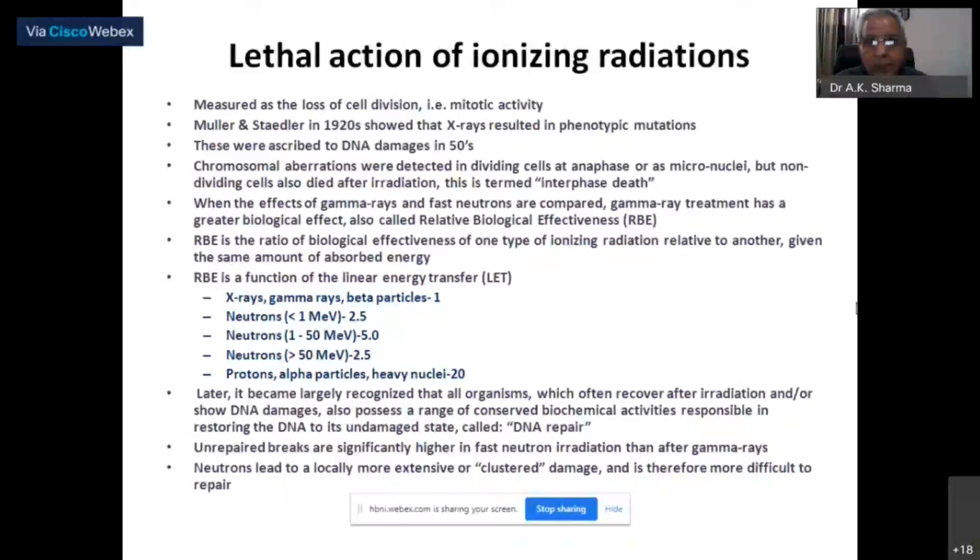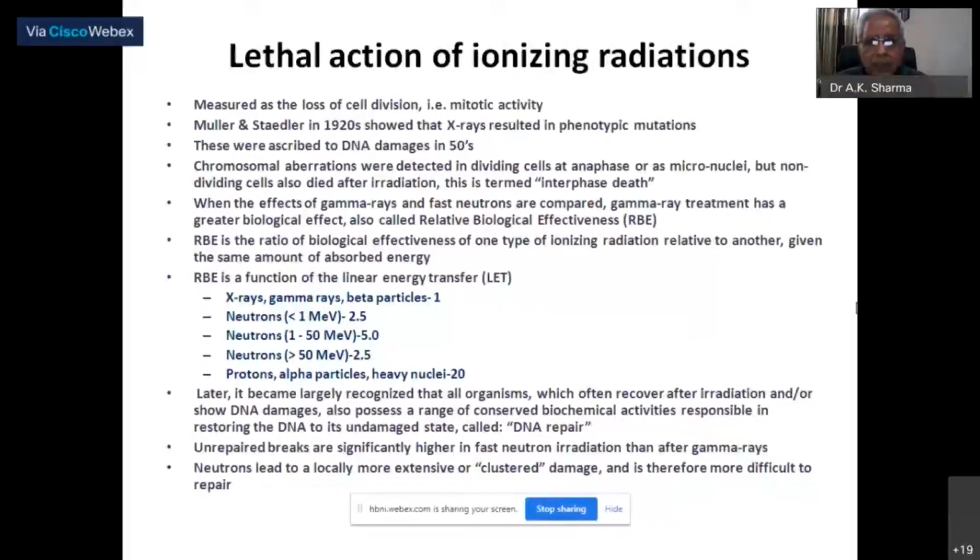Although genes were not known at that time, it was known that X-rays were creating some changes in the phenotypic behavior of these organisms. These were ascribed to DNA damage in the 50s. So in the 50s, when we learned that there is genetic material in every cell in the form of DNA, then it was realized that all these phenotypic mutations happened because of changes in DNA caused by X-rays.